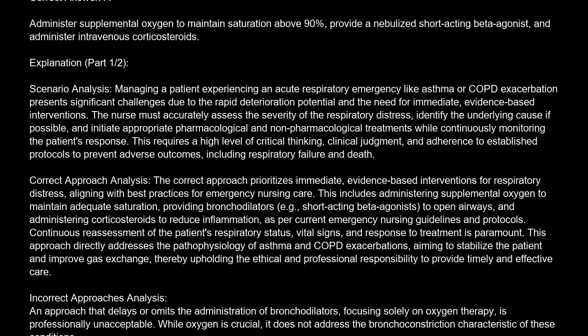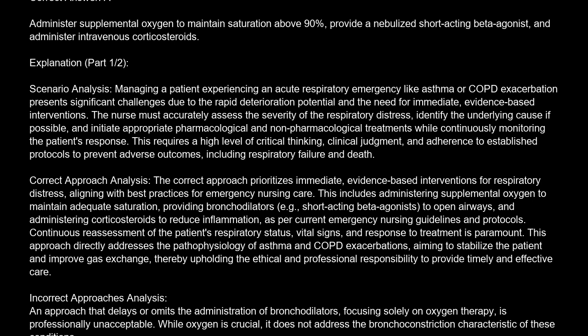The correct approach prioritizes immediate, evidence-based interventions for respiratory distress, aligning with best practices for emergency nursing care. This includes administering supplemental oxygen to maintain adequate saturation, providing bronchodilators, e.g., short-acting beta agonists, to open airways, and administering corticosteroids to reduce inflammation, as per current emergency nursing guidelines and protocols.